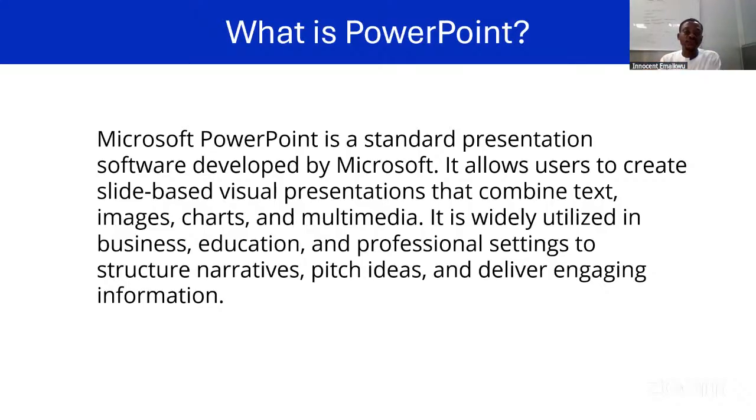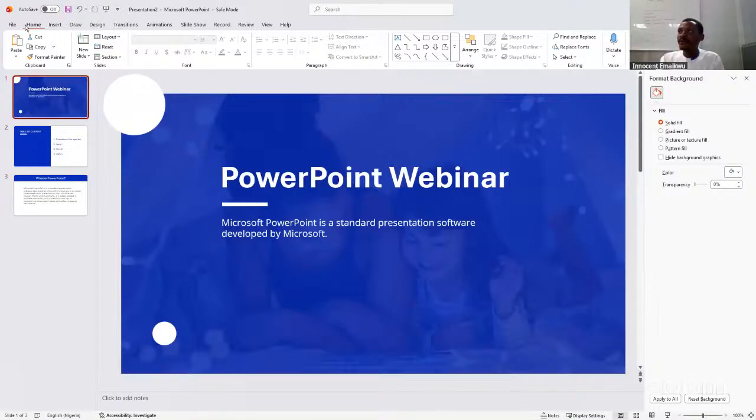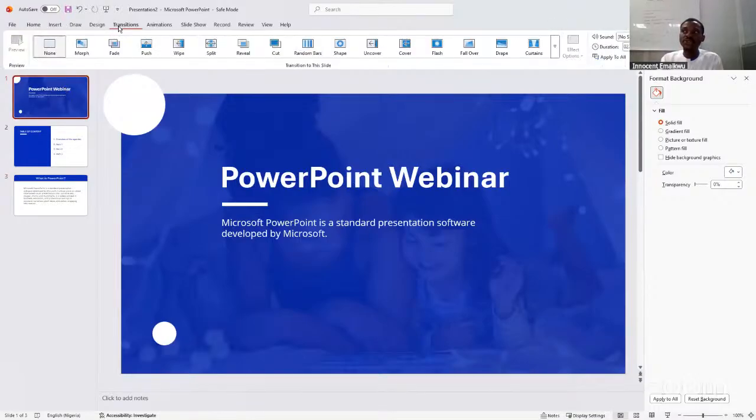This is where transition comes in. It's like saying, as you're moving from this slide to this slide, I want you to appear like this. That is what transitions are for. So transitions only apply to slides. We have 3 slides currently. So what do I do? I click on the first slide, and then from my tabs here, I go to the transitions tab.